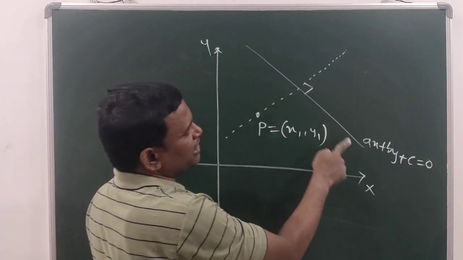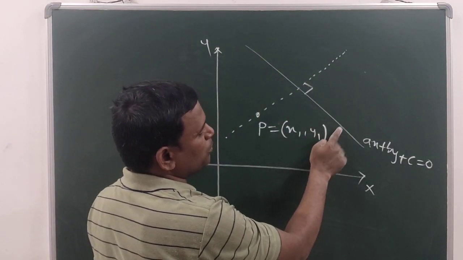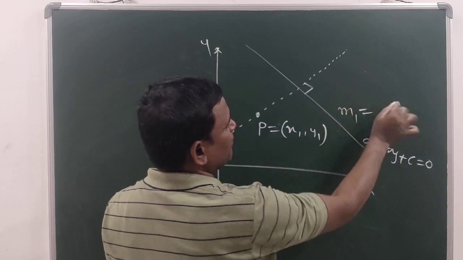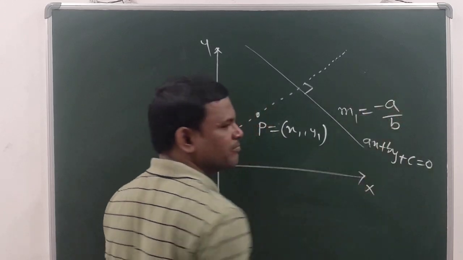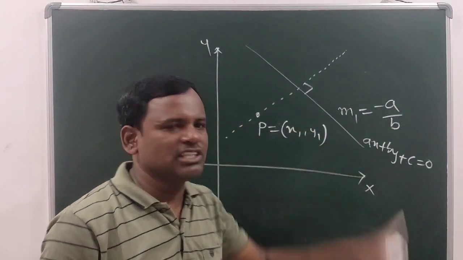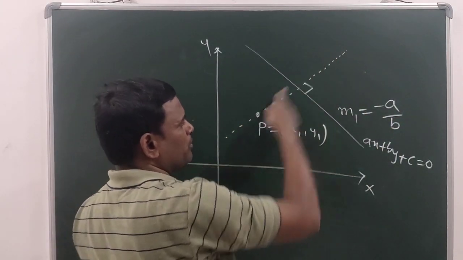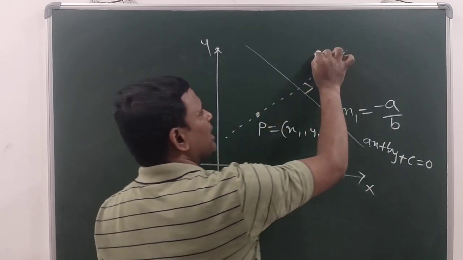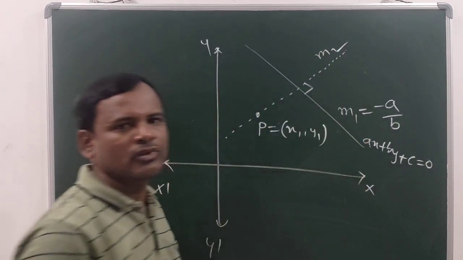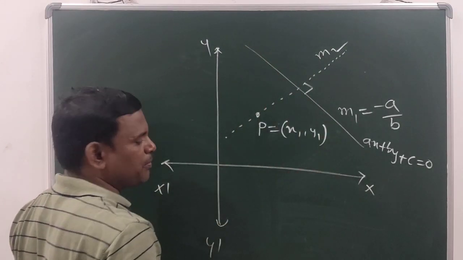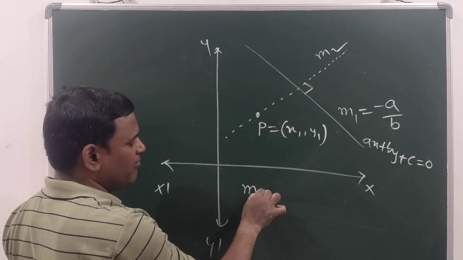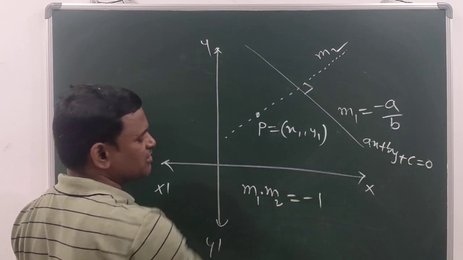So what is the slope of this line? Let it be m1. Now m1 is equal to minus a by b, the slope of this given line. You don't know this line's slope, so let it be m2. But you have one relation. Whenever two lines are perpendicular to each other, m1 into m2 is equal to minus 1.